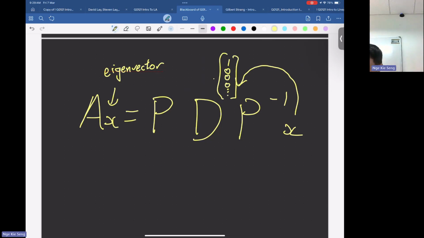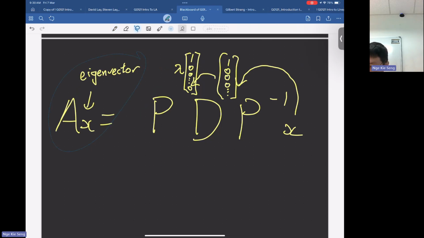Then this diagonal matrix will easily help you get your matrix vector calculation done. And after going through P again, it will split out lambda x like this. Maybe I change the arrow color.